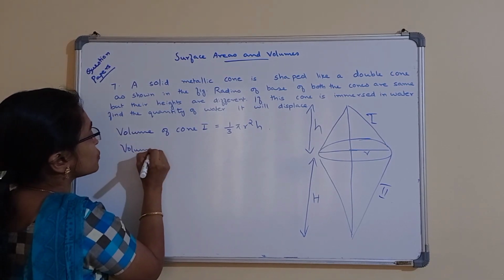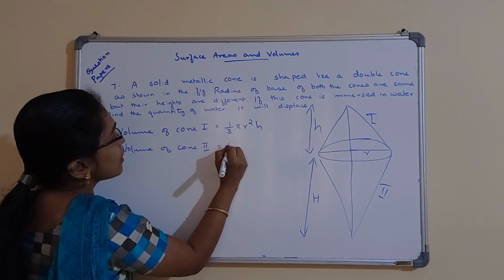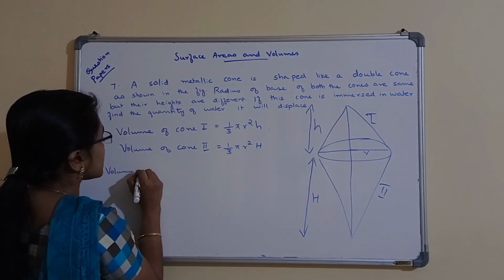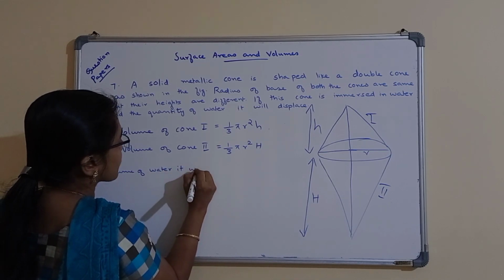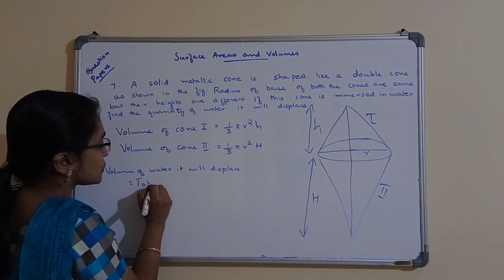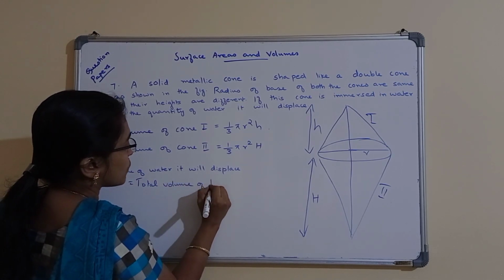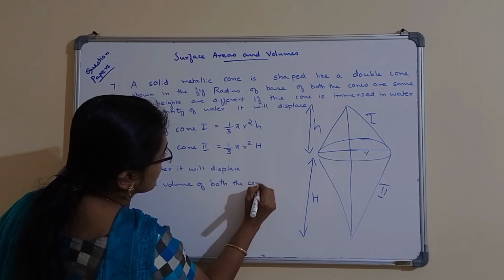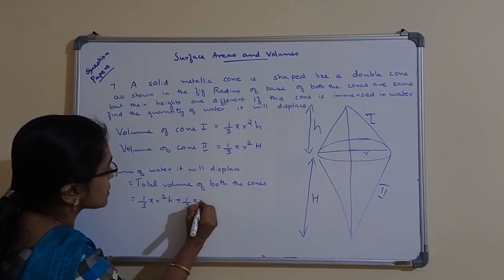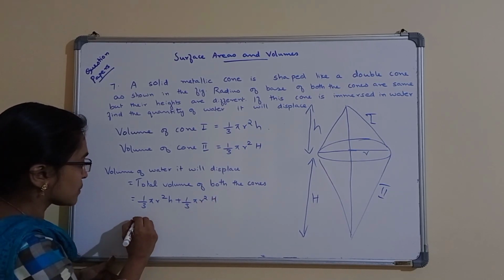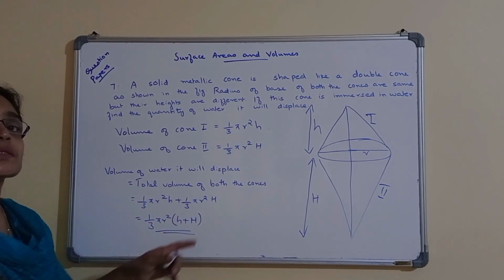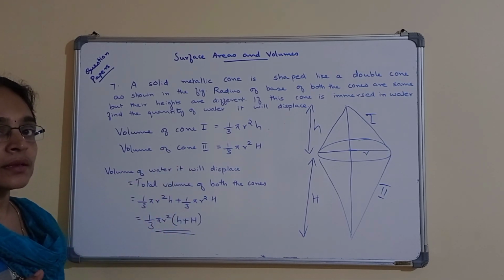Now volume of cone 2 is equal to 1 by 3 pi r square capital H. So volume of water it will displace is equal to total volume of both the cones, which is 1 by 3 pi r square h plus 1 by 3 pi r square capital H, which is equal to 1 by 3 pi r square, we can take out, into h plus H. So this is the total volume of water it will displace. Understood?